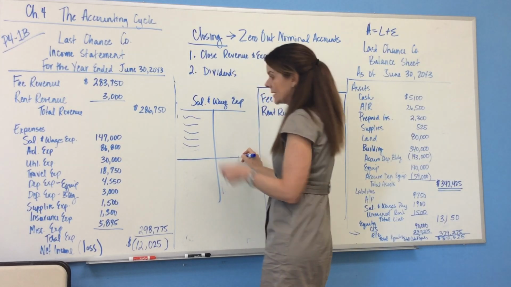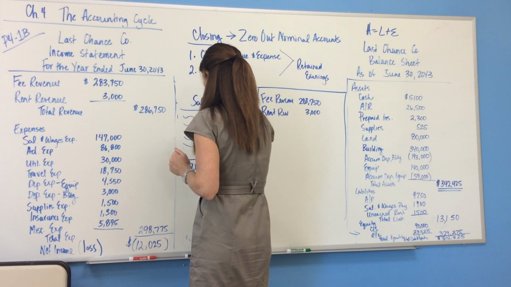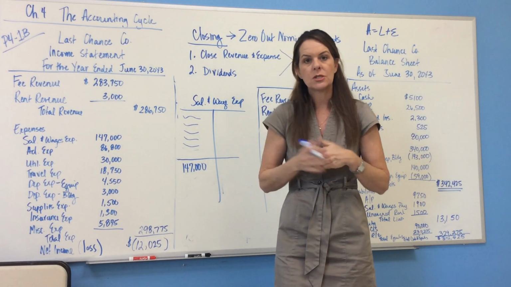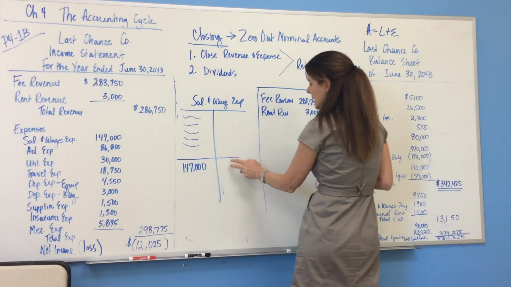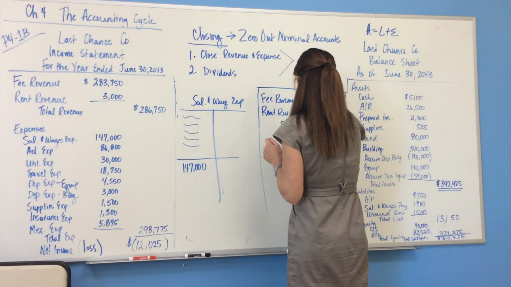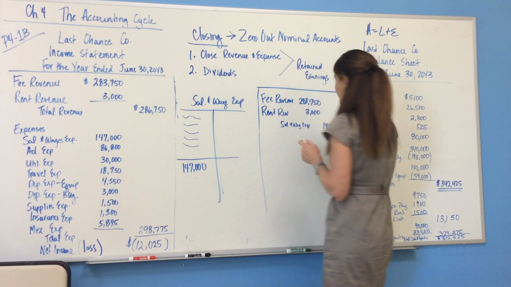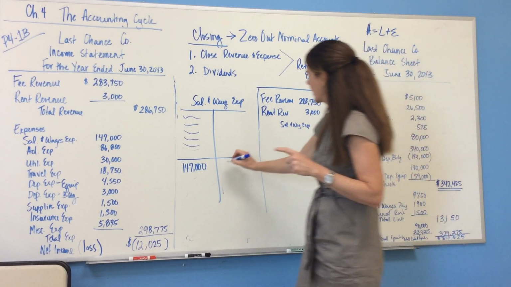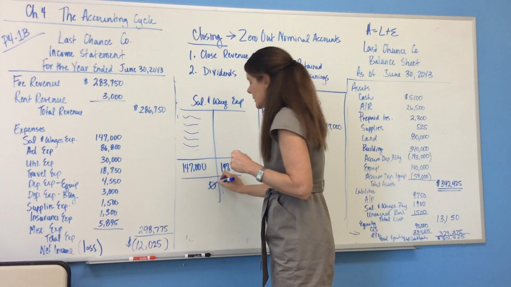The total amount at the end of the year, in this case, is $147,000 on the debit side, because every time I incur an expense, I debit to incur the expense. So now, if I want to zero this out, I need a credit. So I'm going to use salaries and wages expense, and I'm going to have a credit for $147,000 in my closing entry. So when I come over here, I've got a credit here. I'm going to transfer it here, 147, and now I have 0.